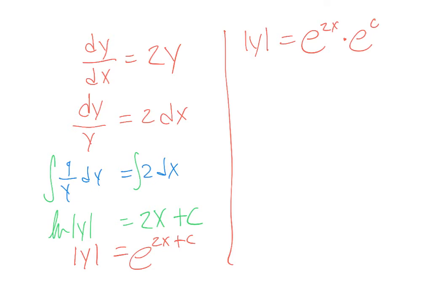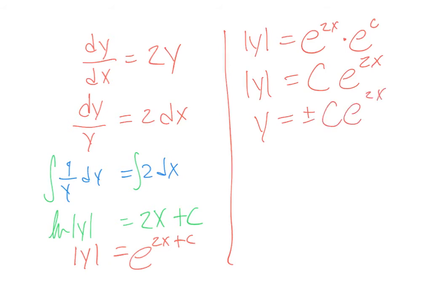And then e to some constant is just another constant. So we often write this as c e to the 2x. And then if we got the absolute value, that's plus or minus c e to the 2x, depending on the initial value that we have. We do this to make this an easier problem to look at. If you spent some time in other classes, you might look at this and see like the PERT formula, dealing with continuous interest, and that's where that comes from.